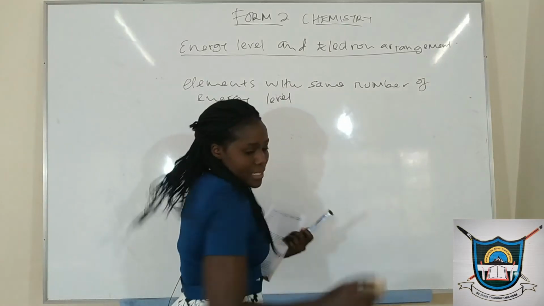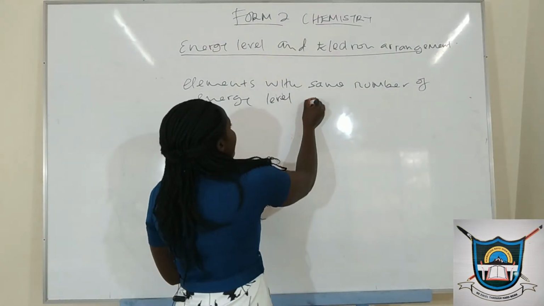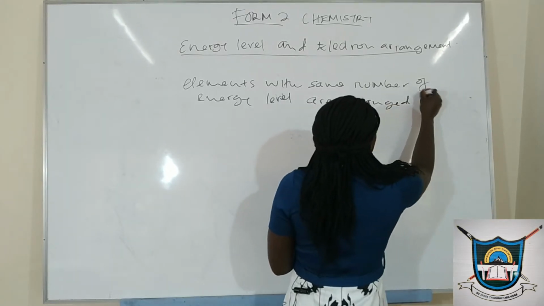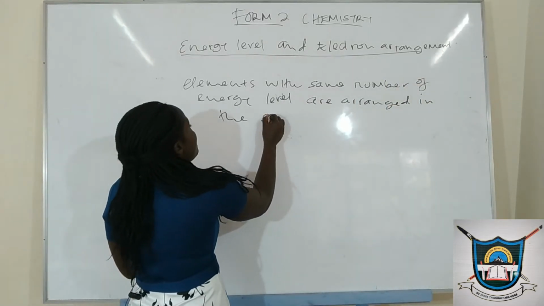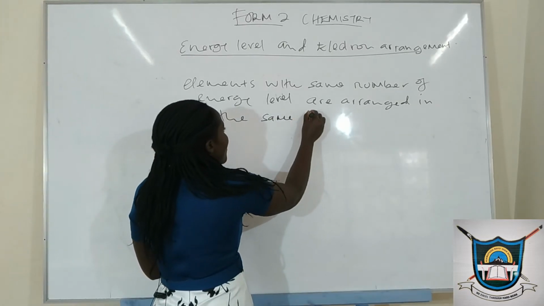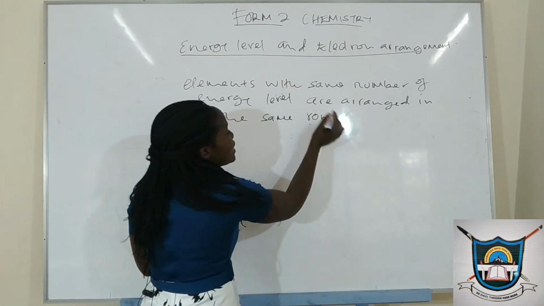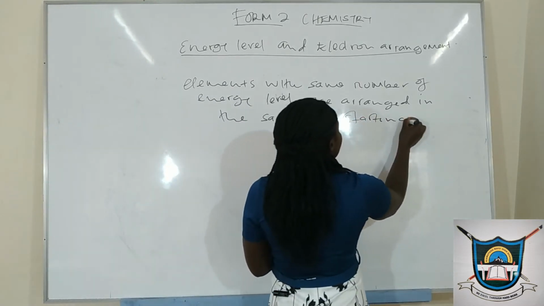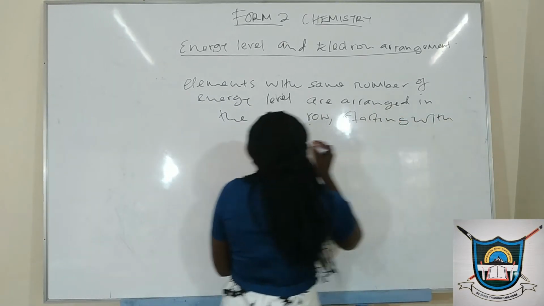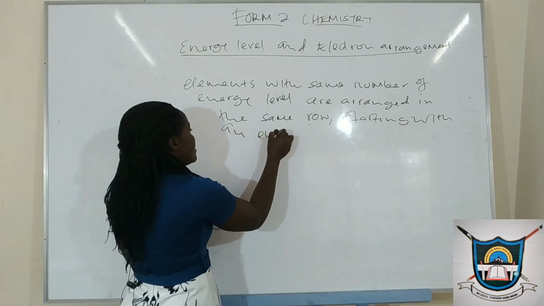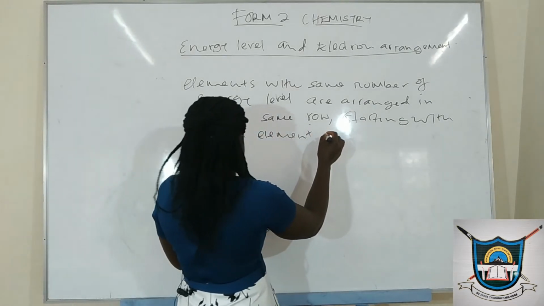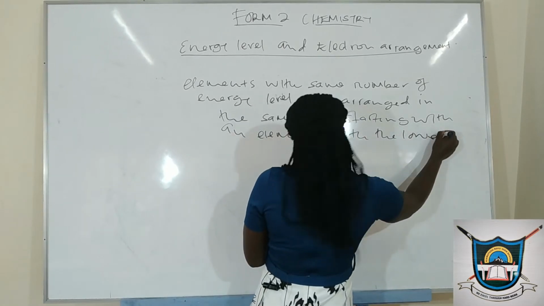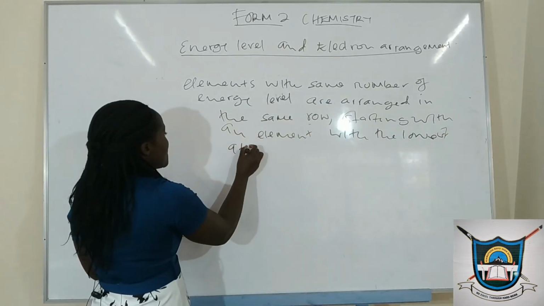They are arranged in the same row in the periodic table, starting with the element with the lowest atomic number.